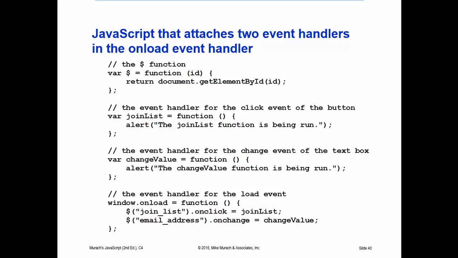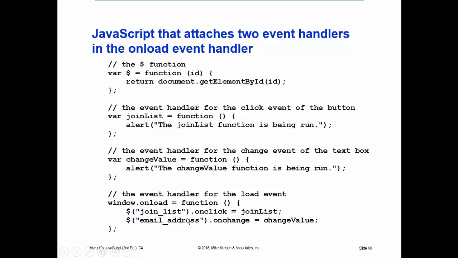Then we are saying that when we click a button, what we want to have happen is we want the joinList function to be called. When we change the value that's in the text box, we want the changeValue function to be called. And then finally at the end, this is where we're doing that attaching.